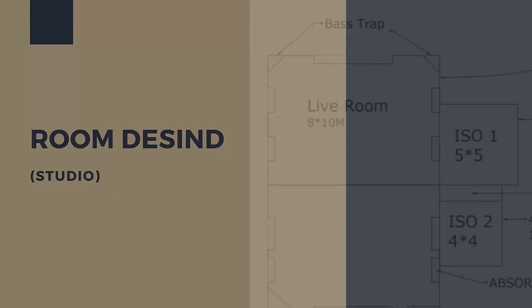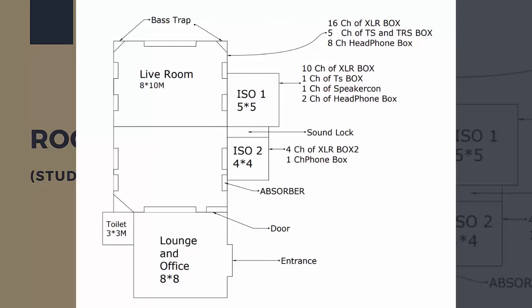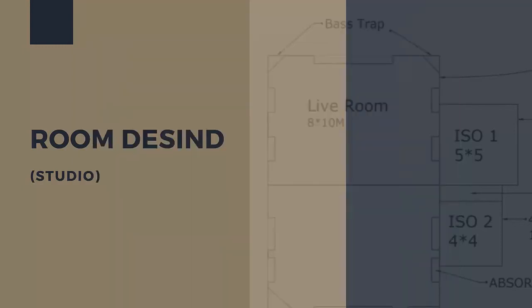I decided to have 2 isolation booths, 1 live room and 1 control room. Why do I have to do that? Because if we have only 1 live room, the isolation of sound would be really confusing and really unclear. So that's why I have isolation booth 1 and isolation booth 2 in my design.